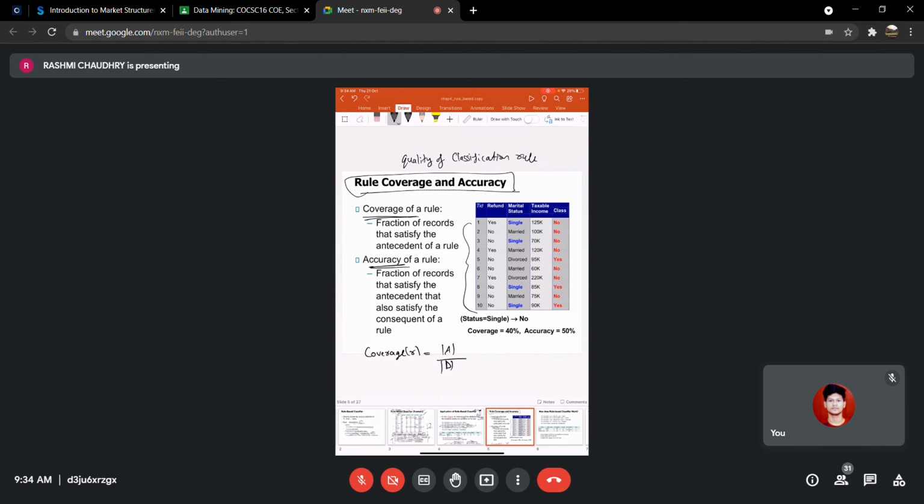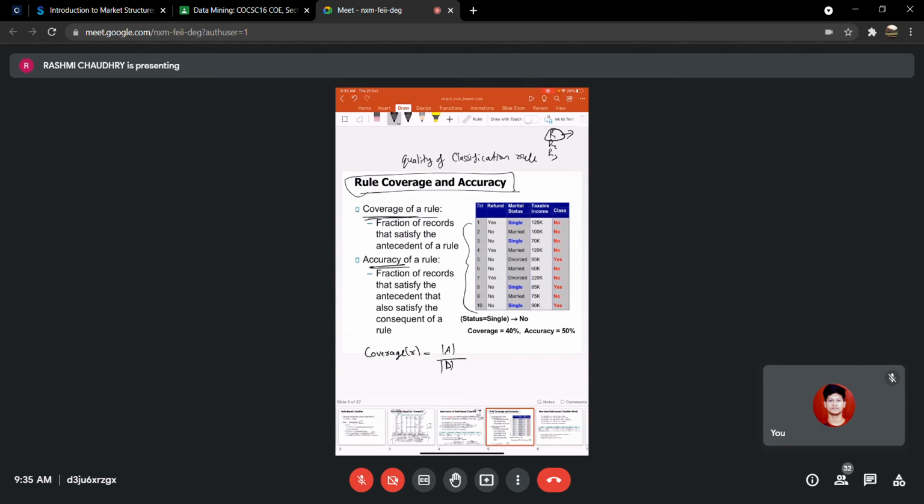Let's assume there are rules 1, 2, 3. So I have to find coverage of r1, and I have to find accuracy of r1. This metric is specifically designed for evaluating the quality of a given rule.